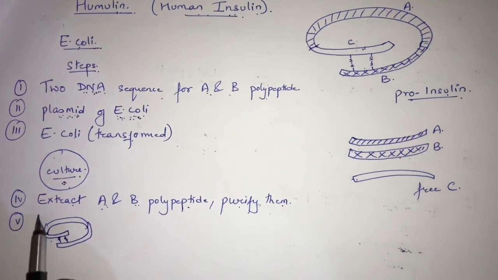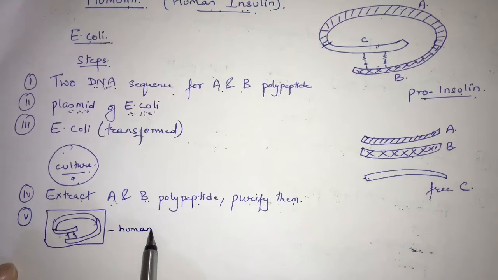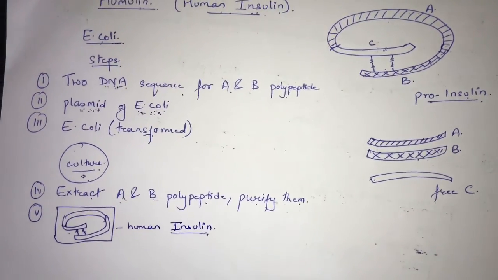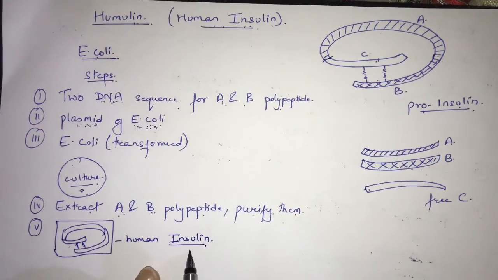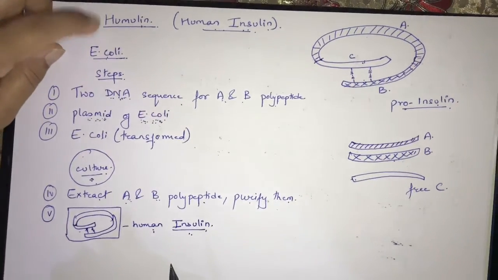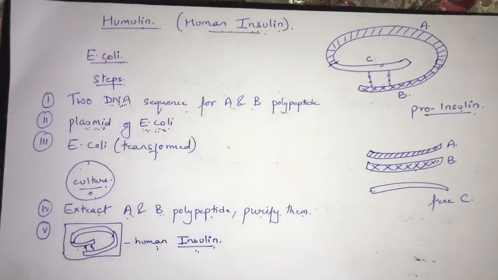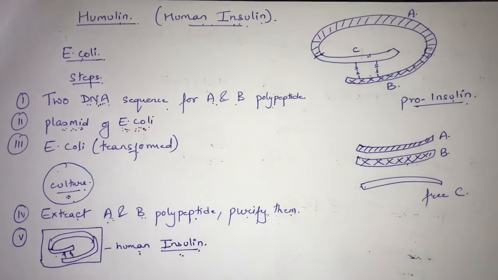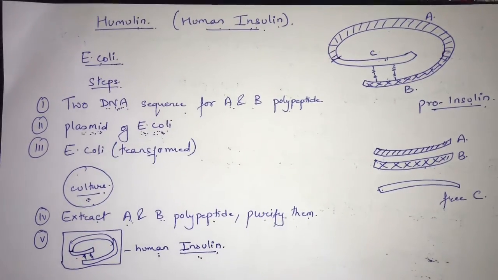Now this will be the human insulin which can be used by human beings, the insulin which is present in the pancreas. This way, artificial human insulin, or in short form humulin, can be formed in a laboratory by a biotechnological process, or we can say by genetically engineered processes.